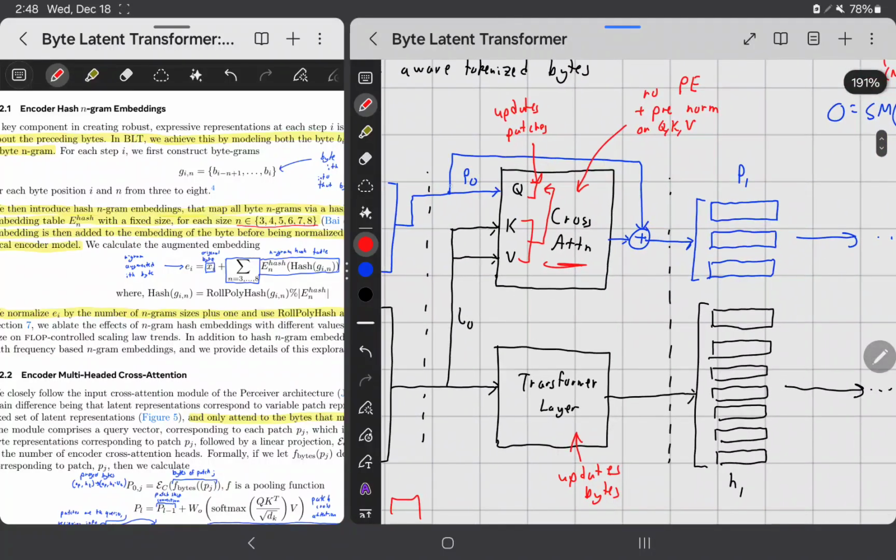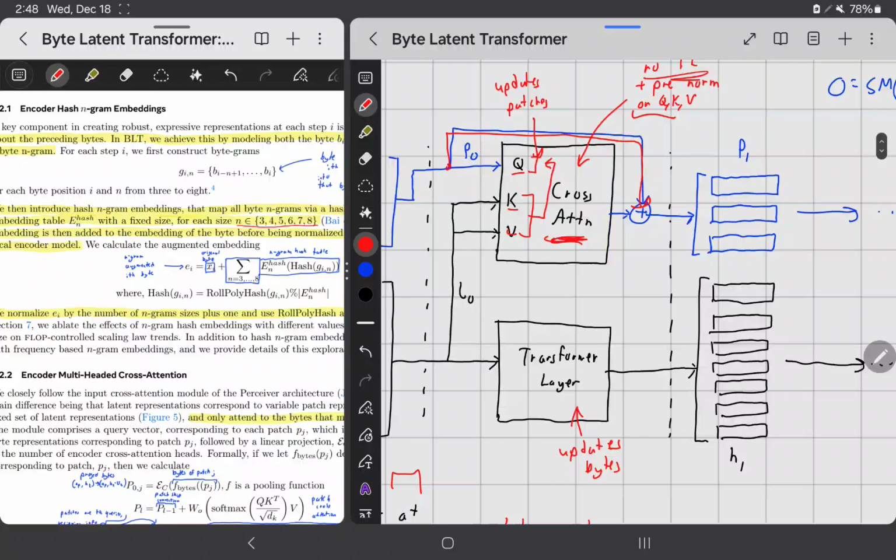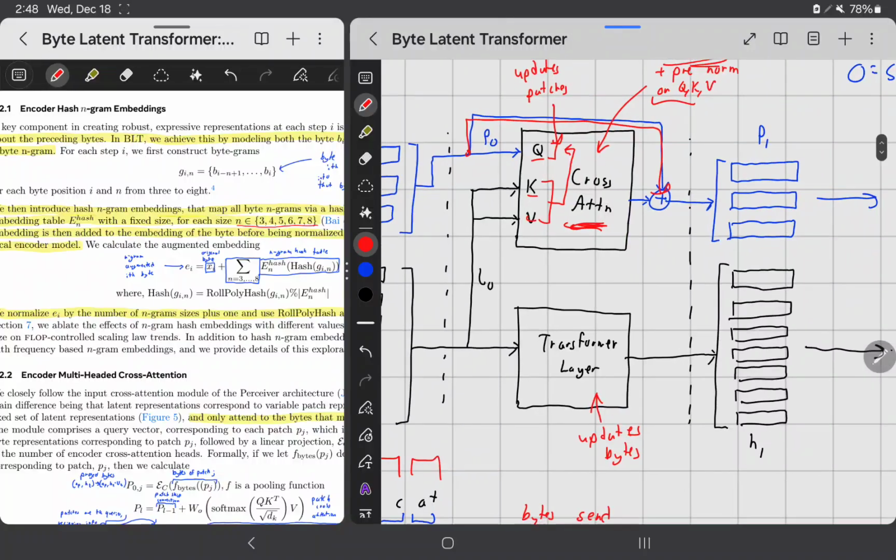Two things to note is that they have a skip connection around here, so you're modeling residuals rather than absolutes for attention, because that works way better. And another thing is they have prenorms on Q, K and V, and they have no positional encodings here. So this is just a direct feeding of information.